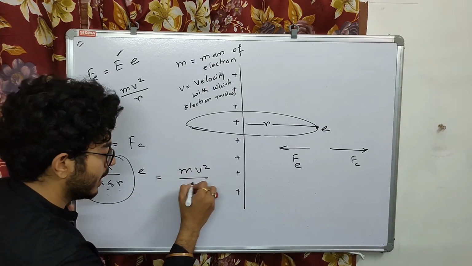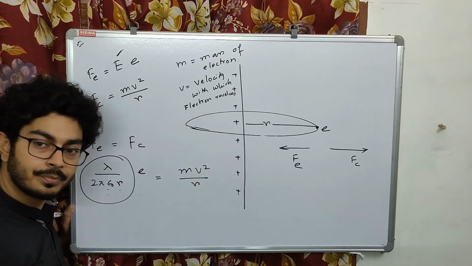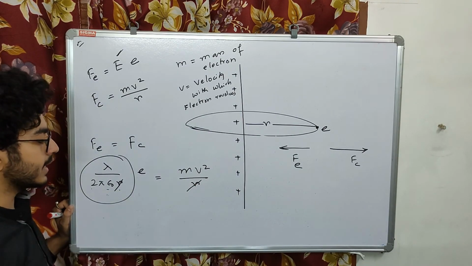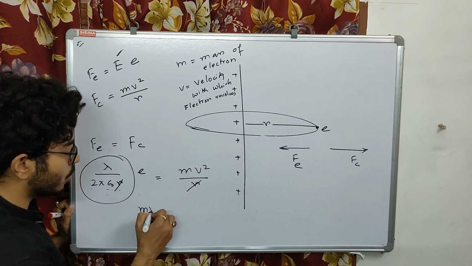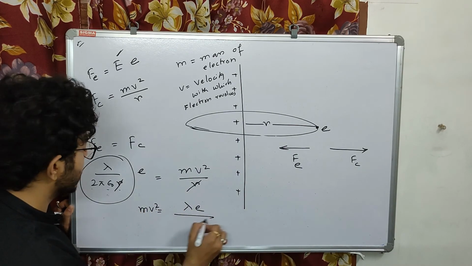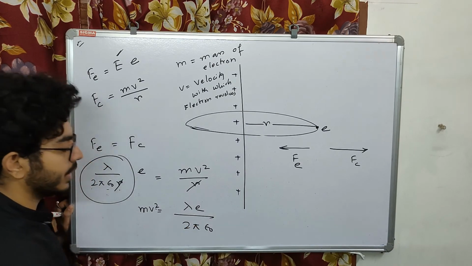Is this part clear to everyone? Now see, this r and r get cancelled. So mv square equals lambda e by 2 pi epsilon naught.